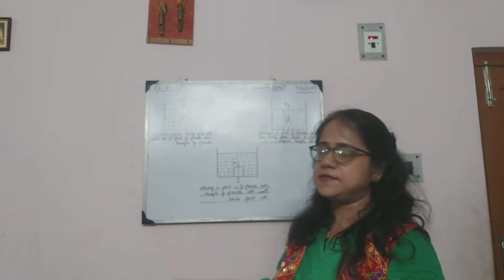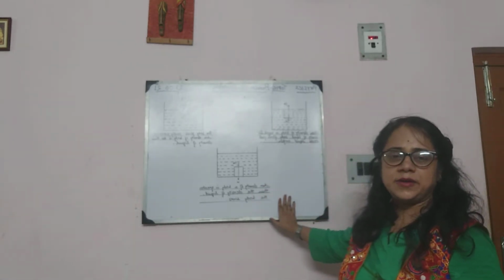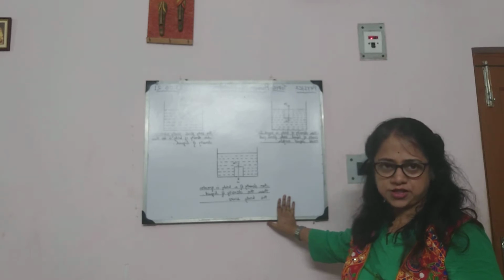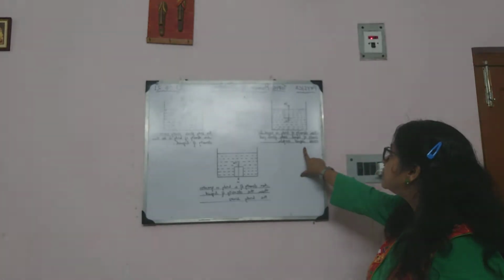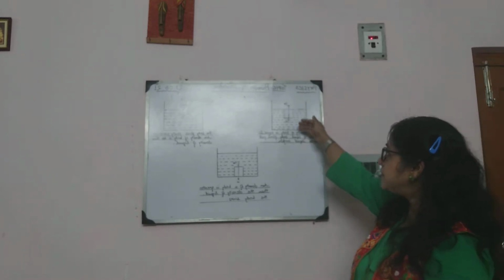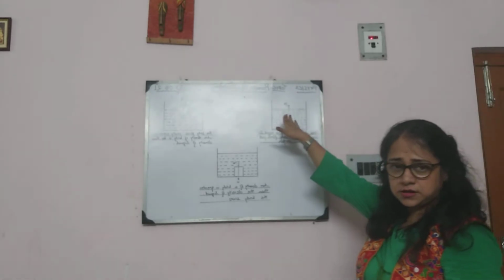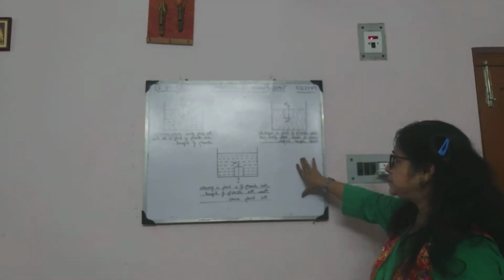So as you can see, I have drawn three diagrams based on the principle of flotation. The first diagram is for the case when the object is floating just below the surface of water.